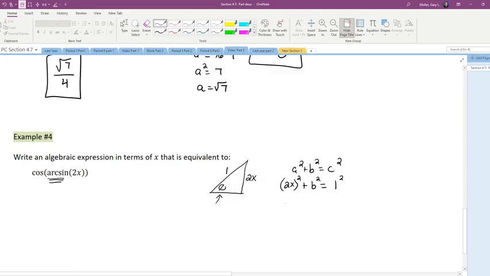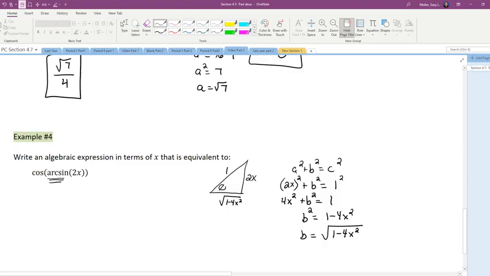So I have 4x squared plus b squared equals 1. I have b squared equals 1 minus 4x squared, and I take the square root, and I get the square root of 1 minus 4x squared, which I cannot simplify because they are terms. So this is going to be the square root of 1 minus 4x squared.